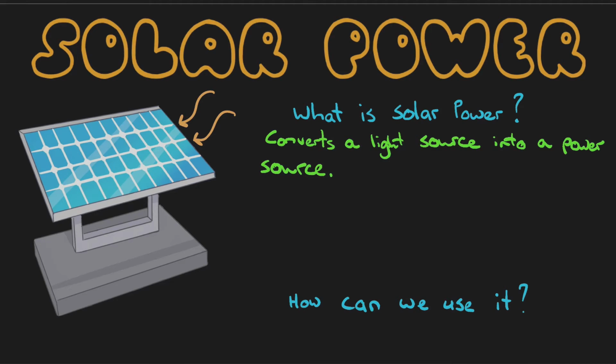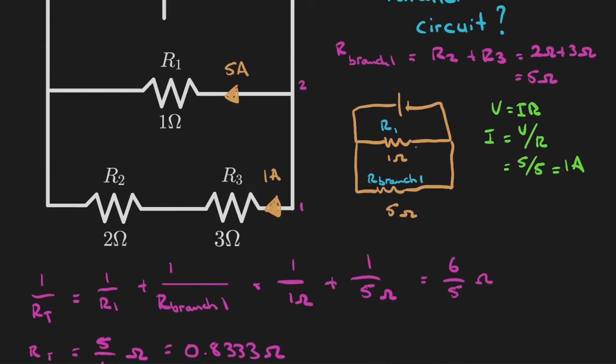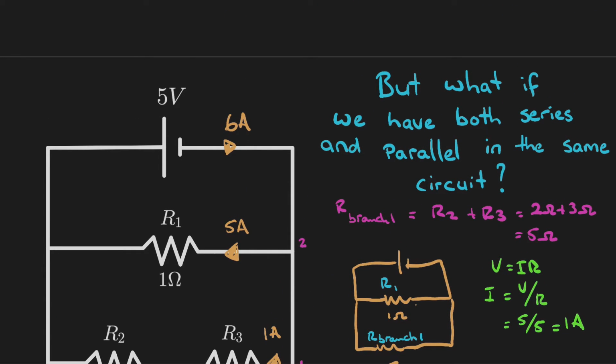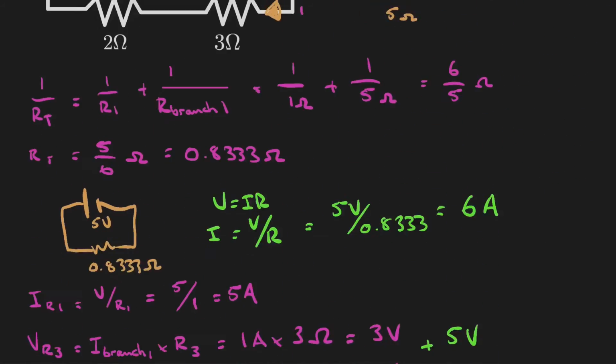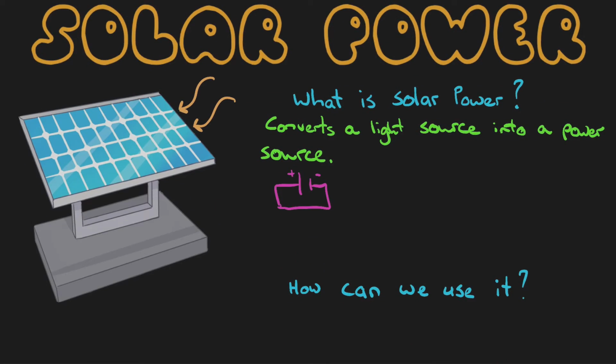You were just shown a power source before, which was a battery, right? This is a battery or a power source. So positive, minus, okay? So instead of using this, it's exactly the same, but we're just considering solar power as our power source, okay?